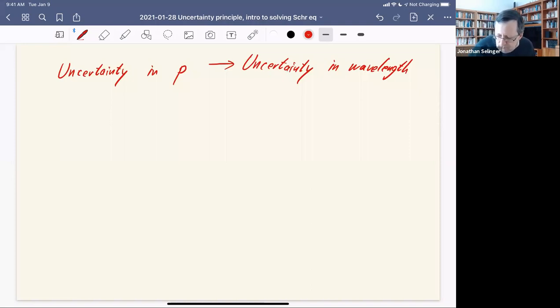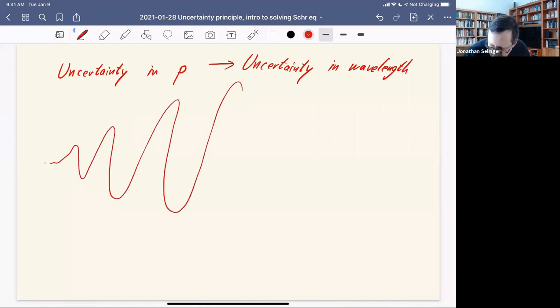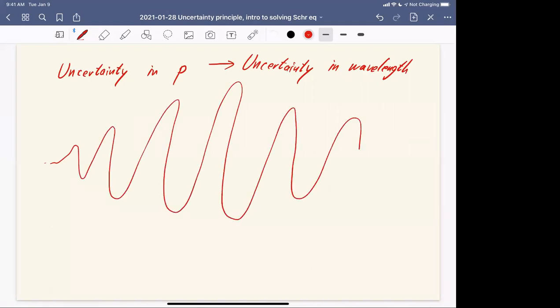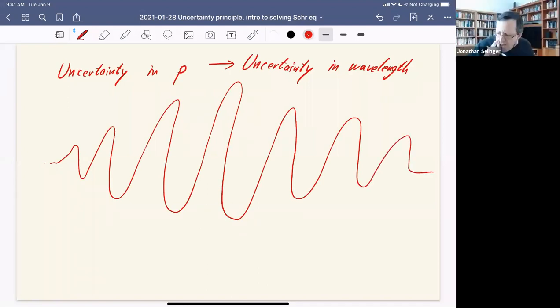Now, if you have a situation where you see the same wave repeated many times, something like this, then you know the wavelength pretty well.